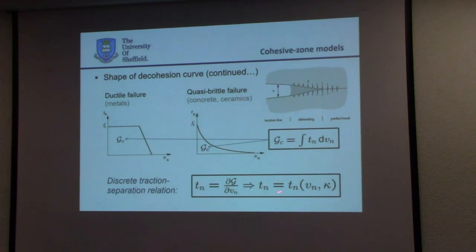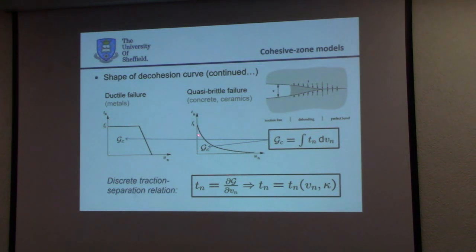And you can write this as the traction is a function of the crack opening plus some history parameter. And a history parameter is needed, again, because at some point during the process, you can have that the crack starts to close again. And then you have to memorize the value of Vn, the largest crack opening that has been attained so far.